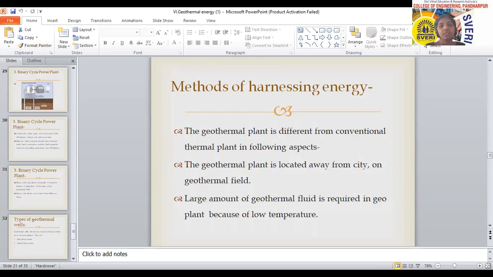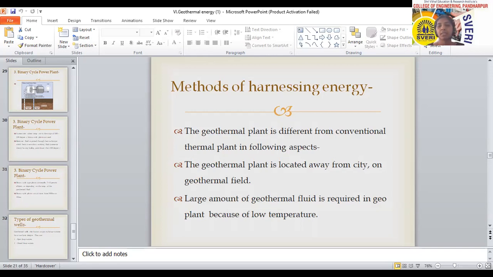So this is about the geothermal plant and the general thermal power plant. These are the differences. Now, the methods of harnessing energy are again classified, depending upon the availability of water temperature. That means where the geothermal plant is formed, the temperature of that water should be considered while distinguishing the power plants or harnessing methods.